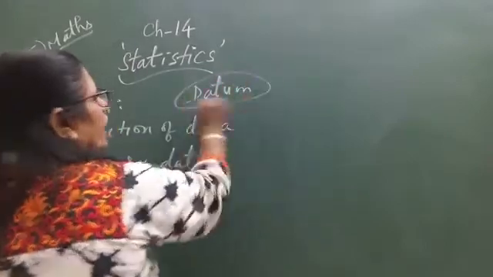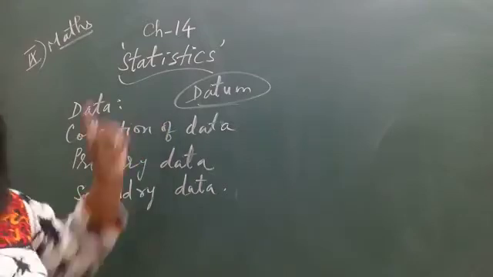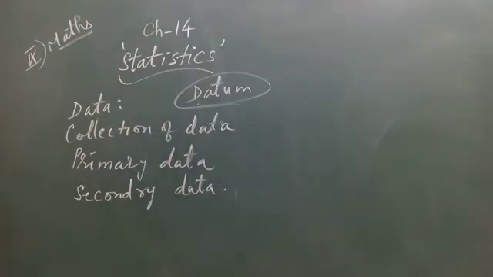This is a Latin language word, the plural form of datum. Its plural is data, right? So it is figures or facts, numerical or maybe qualitative, collected for a definite purpose.